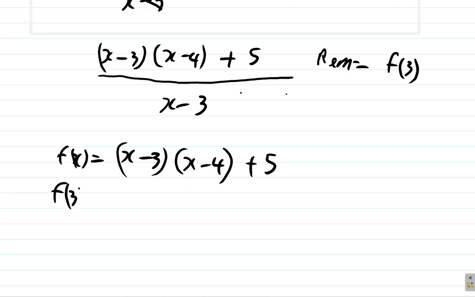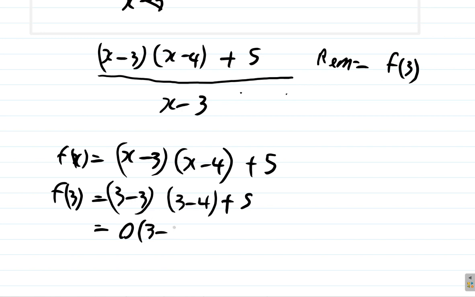Therefore, f of 3 is equal to 3 minus 3 times 3 minus 4 plus 5. 3 minus 3 is 0, 0 times 3 minus 4 is 0, and 0 plus 5 is 5.